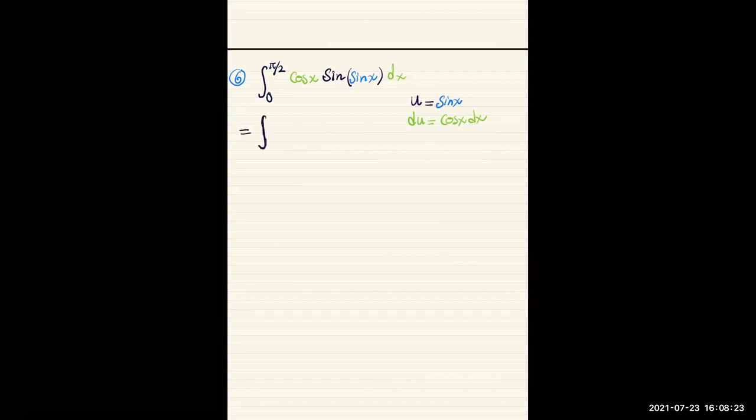Now, since we are changing from x to u, this is going to be in terms of u here. You do not want to copy these limits of integration down because these limits are in terms of x for this integral. You have to switch them to u.